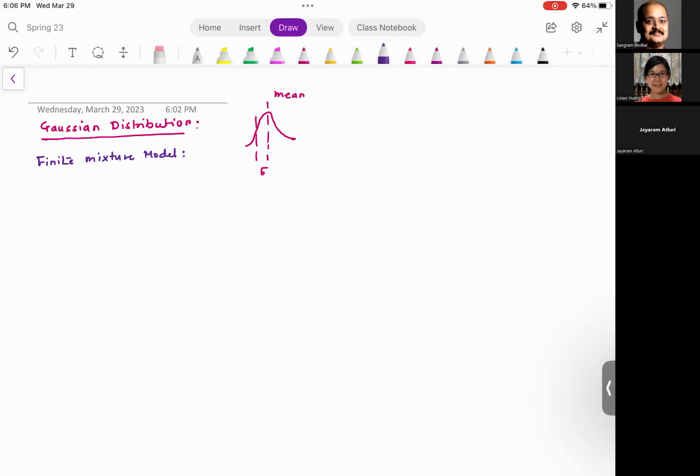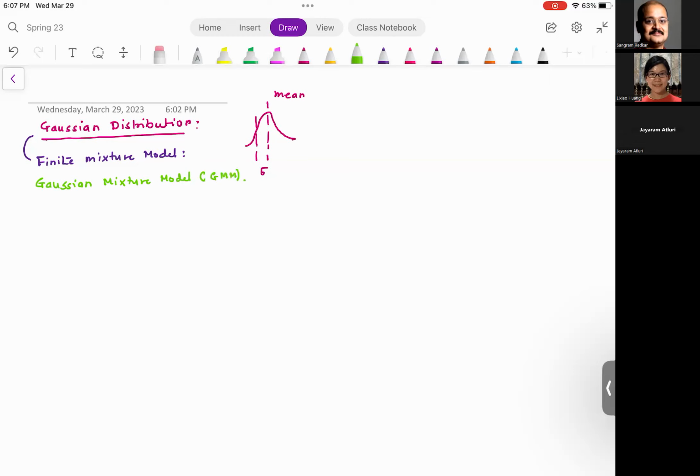Again, what we do is we combine these finite mixture models, and if the mixture is assumed to be Gaussian, then you get something called Gaussian mixture models. And you'll see this word used a lot, which is called GMM.